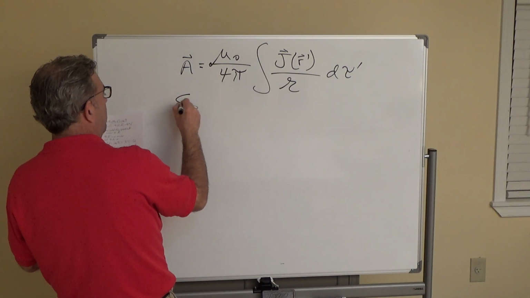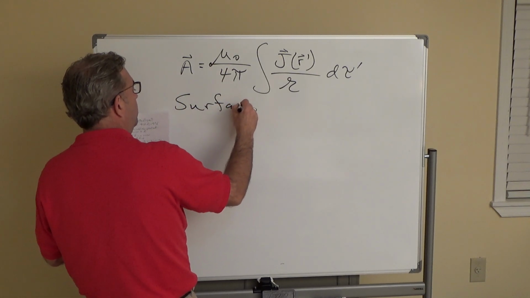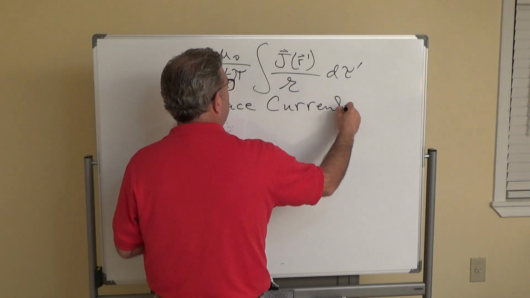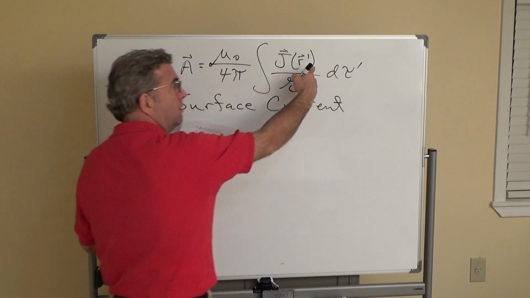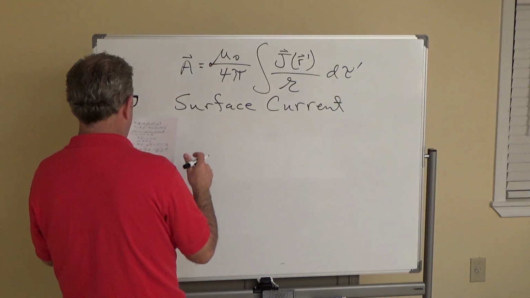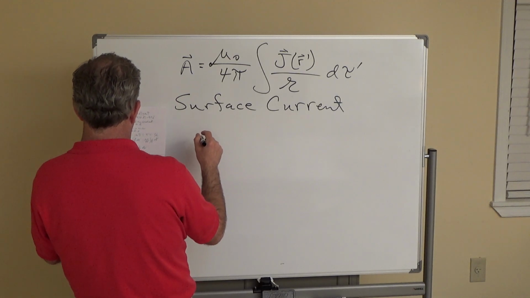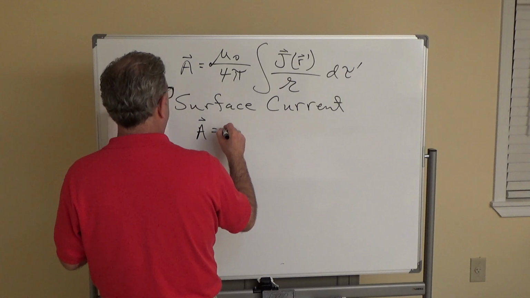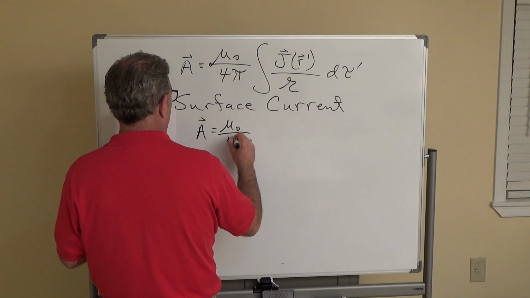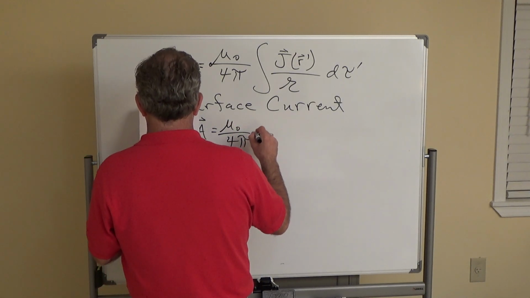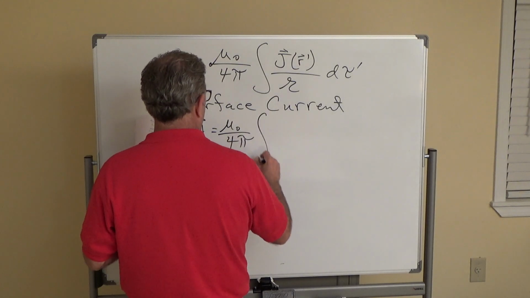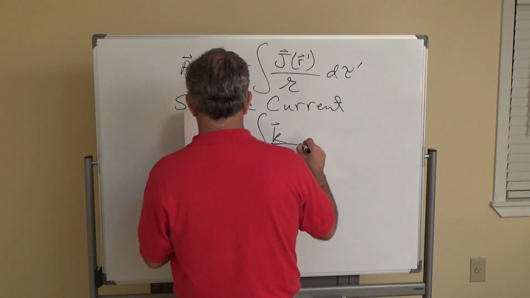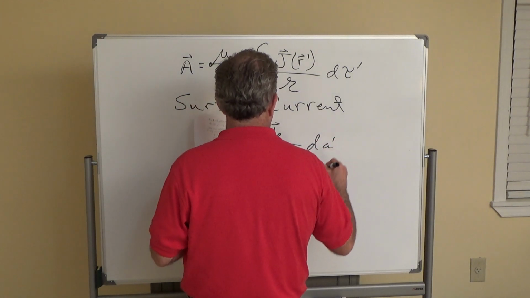For a surface current, you replace this current density with the surface current density, and A is equal to mu naught over 4 pi times the integral of K over script R dA prime.